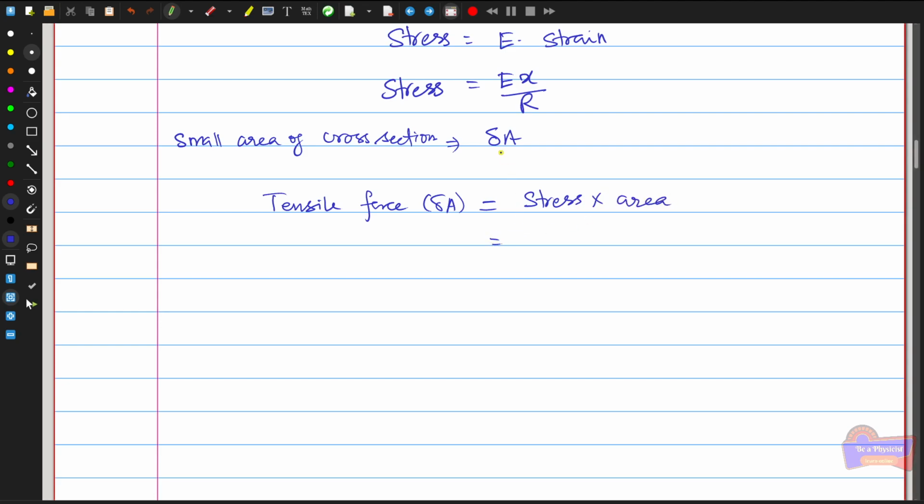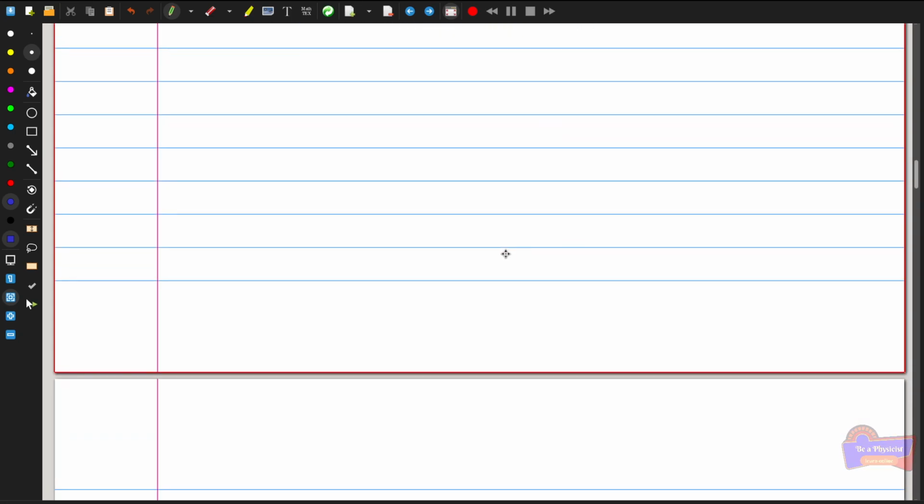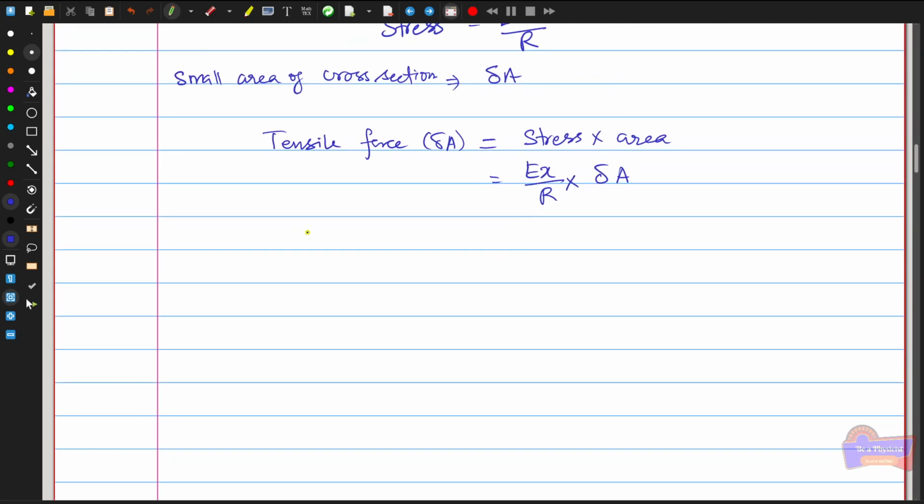The stress is nothing but E x divided by r, into the small area delta A. If I know the tensile force, I can easily find the moment of a force, which is nothing but the tensile force into the perpendicular distance.